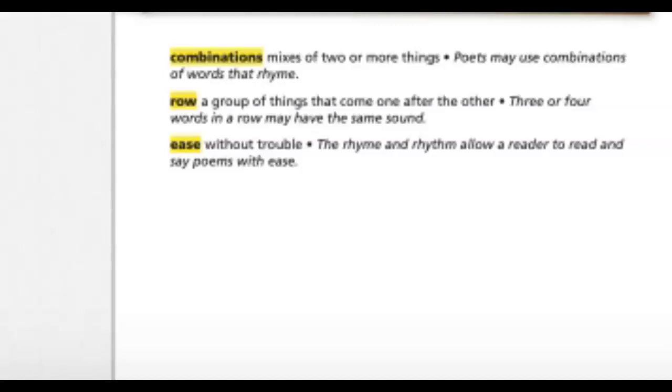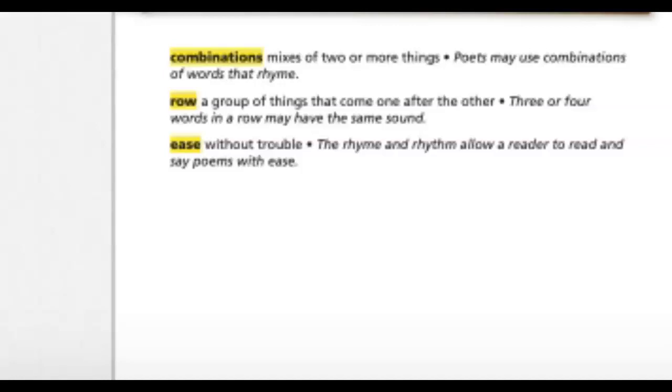Our next word is row. Everyone say row. A row is a group of things that come one after the other. In our story, the word row is used when we say 3 or 4 words in a row may have the same sound.